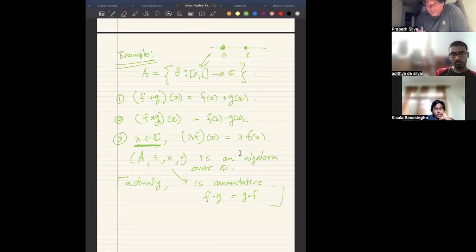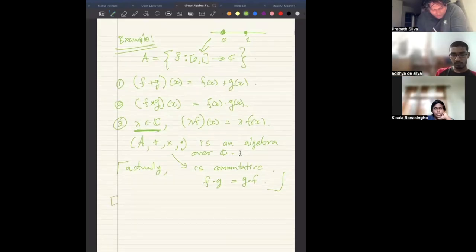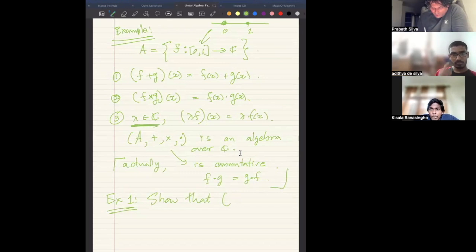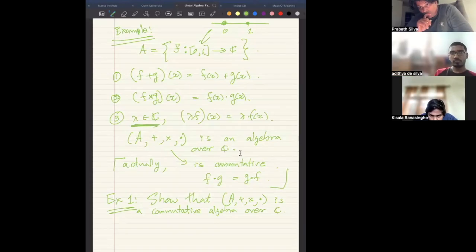Good? So let me make this exercise one: show that this A, with plus and dot, is commutative. Verify all the properties.